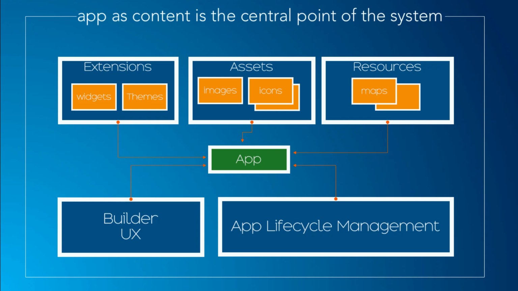And surrounding the application, we're going to have a builder as usual. We're going to have other elements to help you manage your application lifecycle, so that not only can you build applications more efficiently, but also use an application to understand the users, getting feedback to optimize your application creation experience. So that's what we're actually working on.